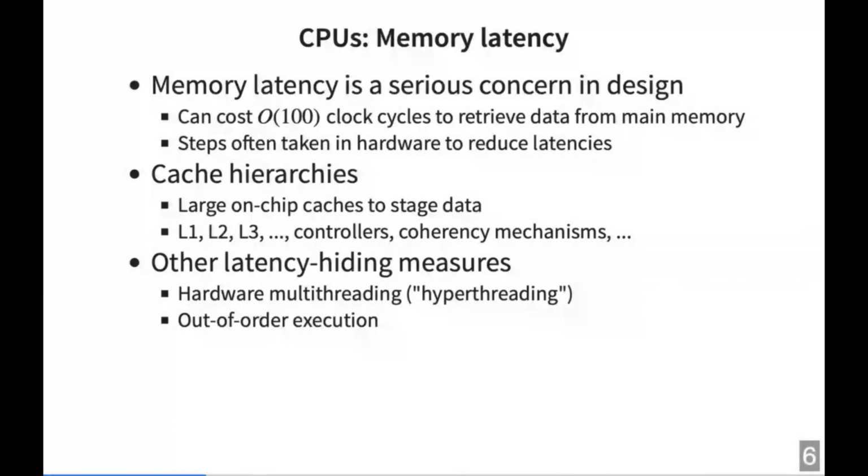This again is really a measure taken so that if one thread of execution encounters a long latency operation asking for memory, another thread of execution can come in and do some useful work while you're waiting.